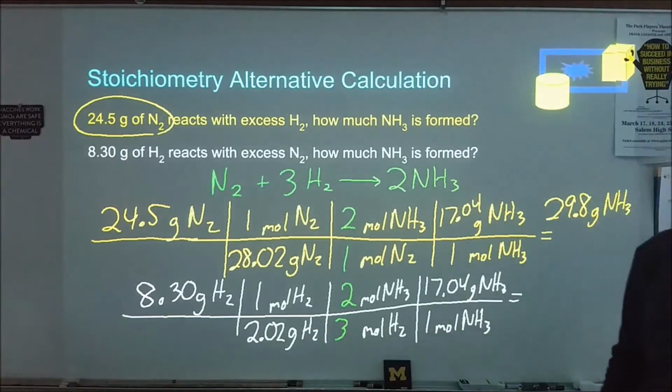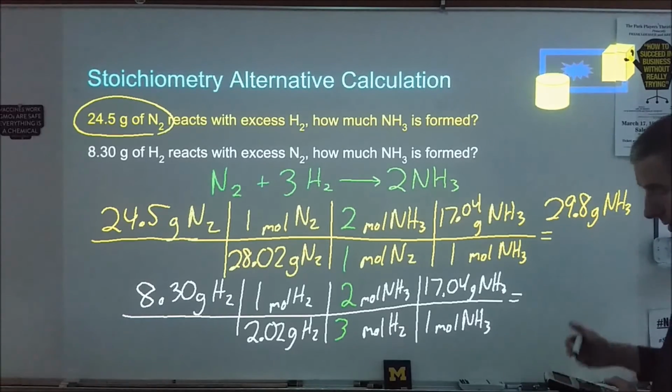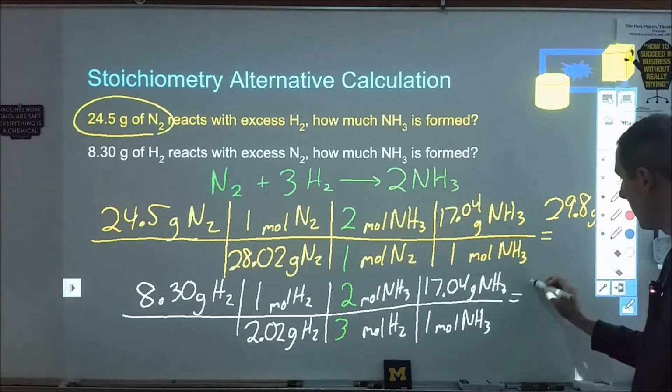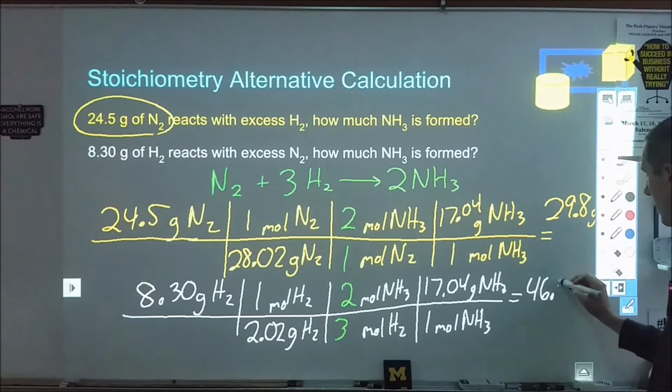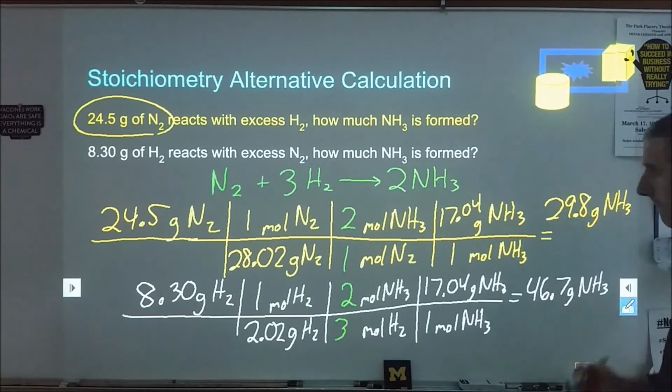So we're going to divide that by 6.06. And that comes out to be 46.7 grams of ammonia.